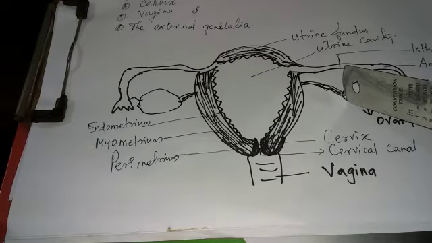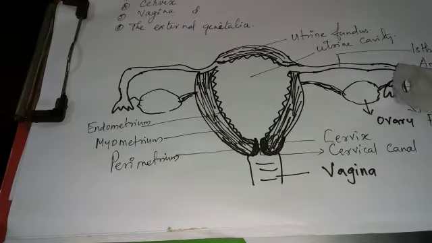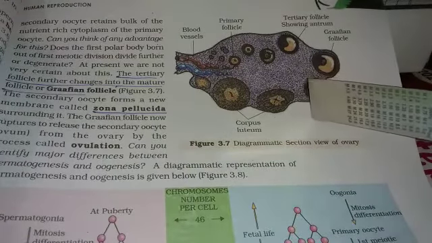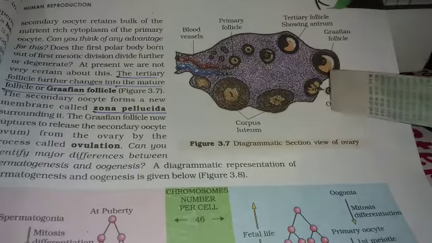Now let us understand the internal structure of the ovary. This diagram shows the diagrammatic sectional view of the ovary.